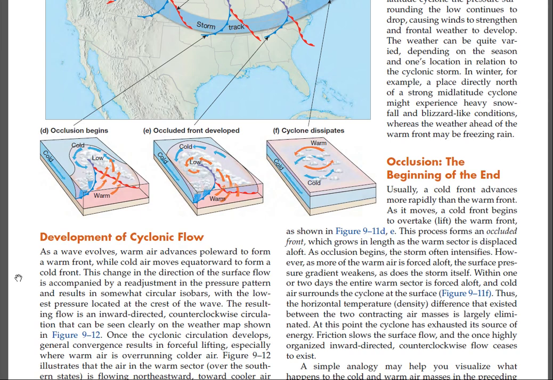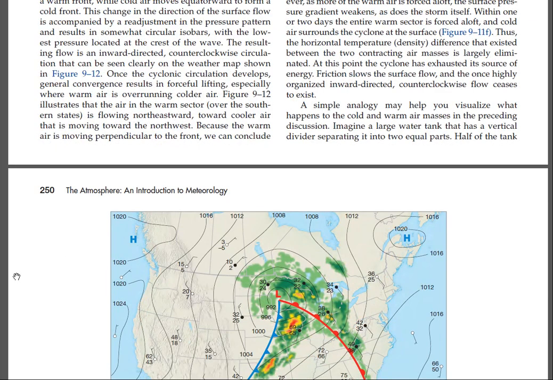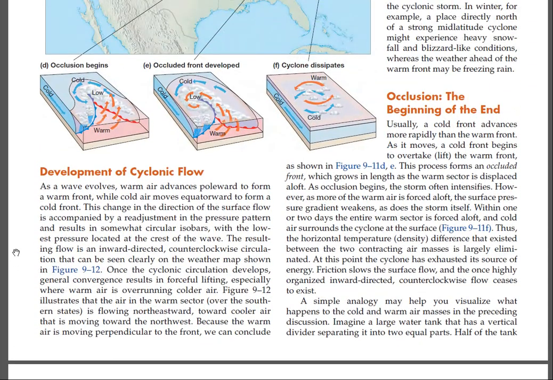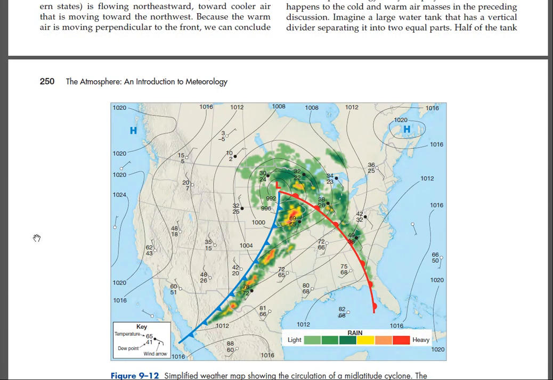Once the cyclonic circulation develops, general convergence results in forceful lifting, especially where warm air is overrunning colder air. Figure 9.12 illustrates that the air in the warm sector, over the southern states, is flowing northeastward, toward cooler air that is moving toward the northwest.